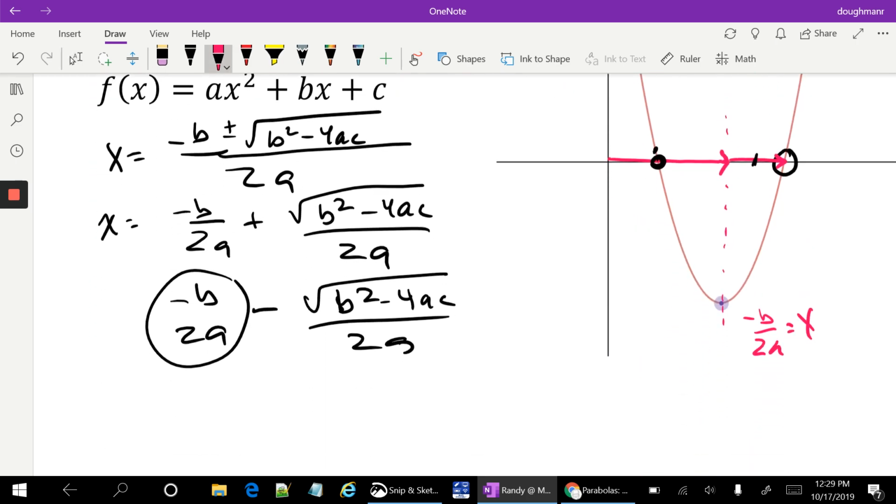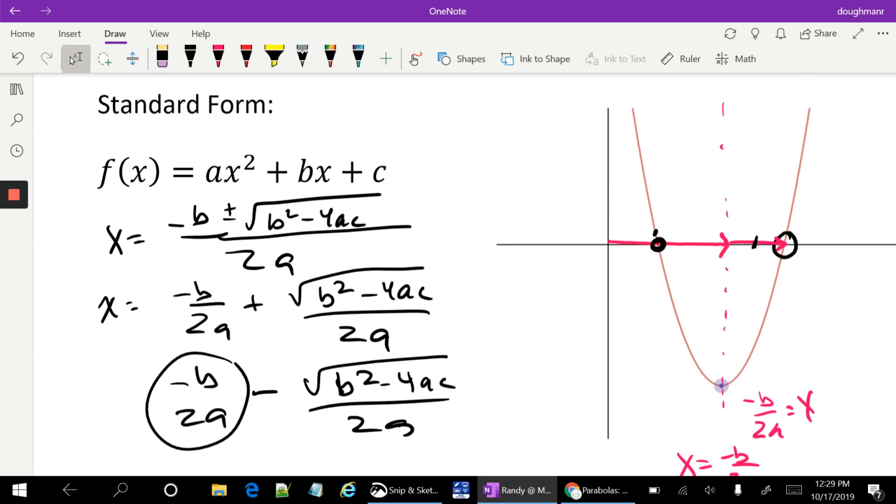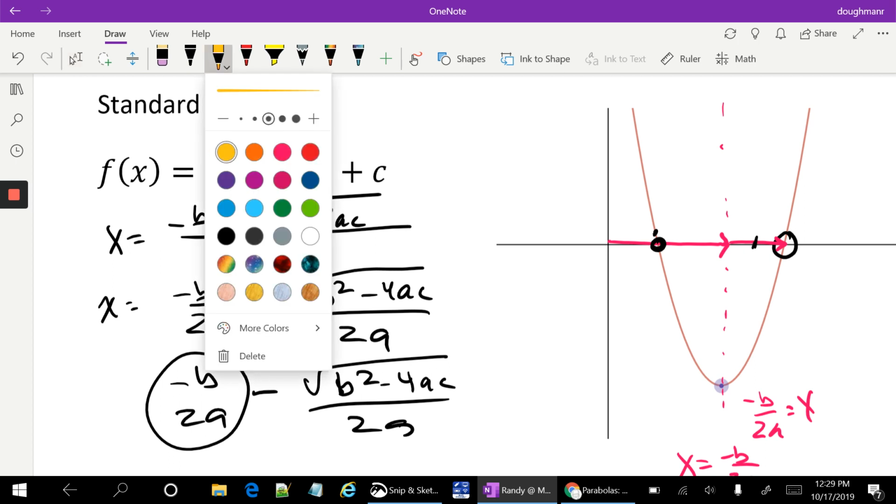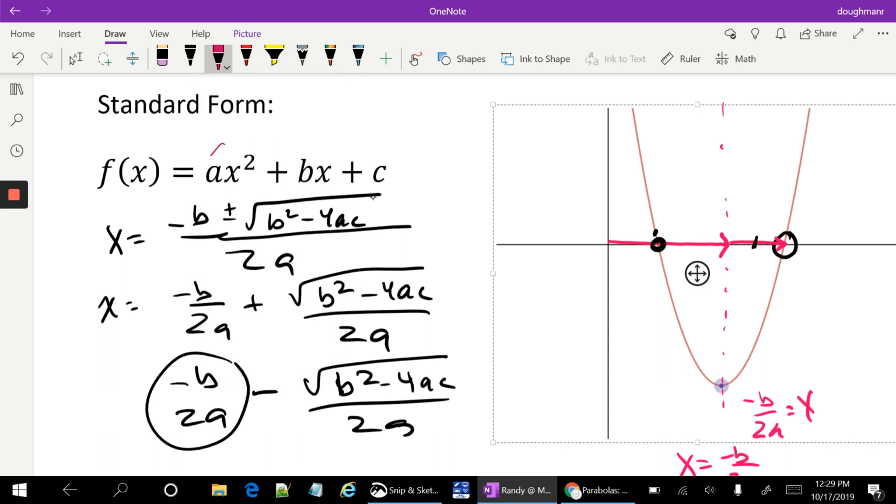And again, we call that negative b over 2a since it's actually a line, x equals negative b over 2a. We call that the axis of symmetry. And negative b over 2a is the x-coordinate of the vertex. So once again, from standard form, the value of a tells us, does the graph open up?